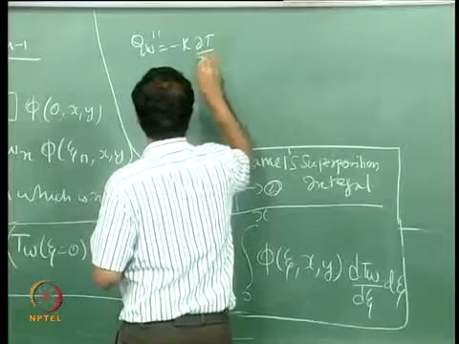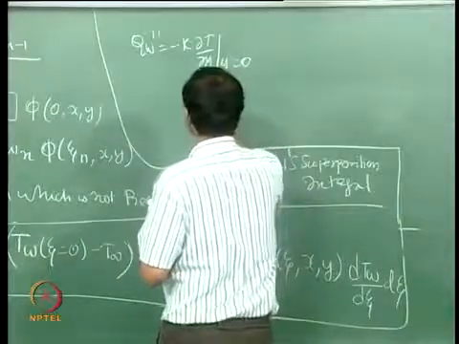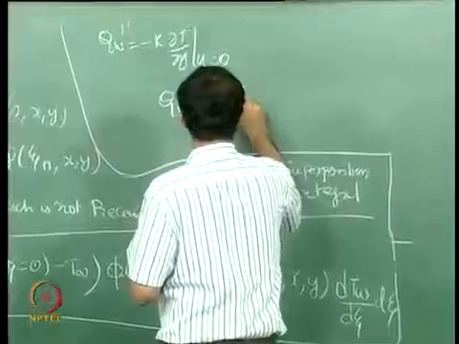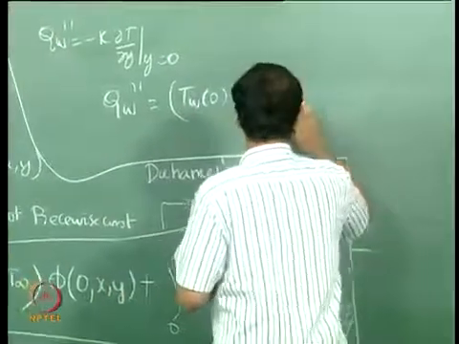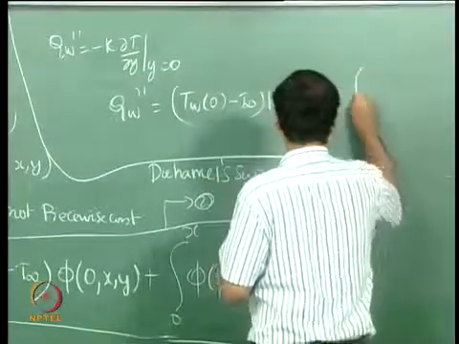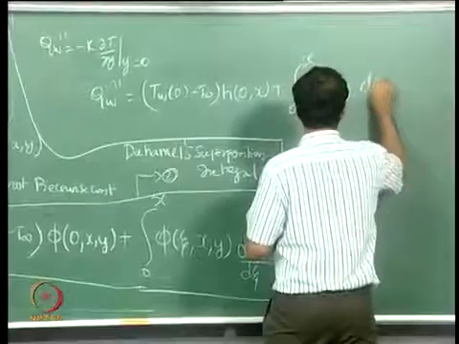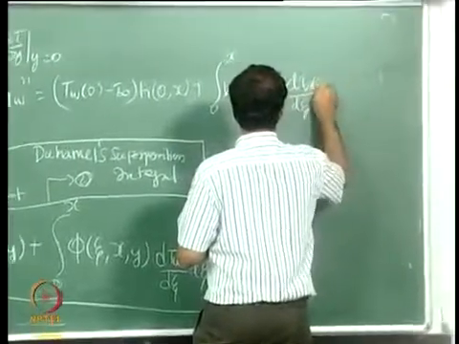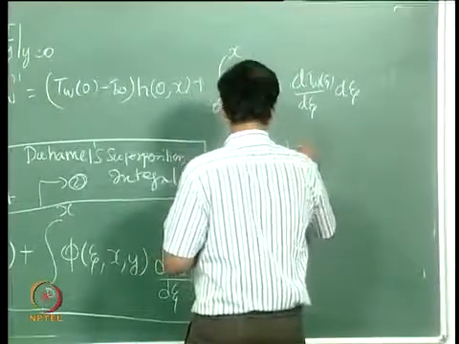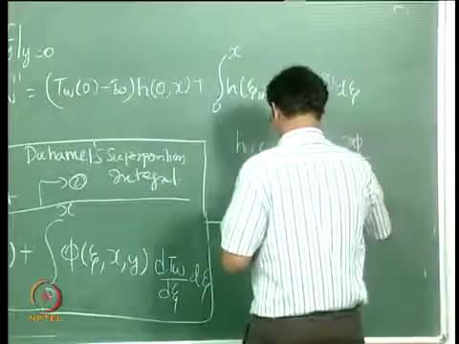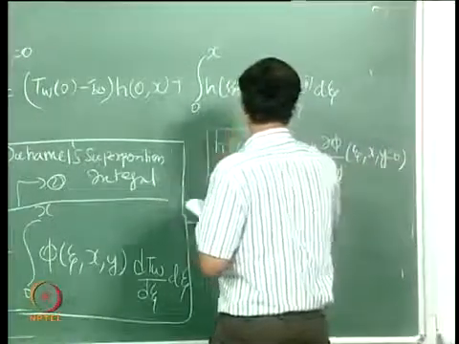the local wall flux can be estimated as, now this is a function of x of course, and that will be written as T wall 0 minus T infinity into h 0 comma x plus integral 0 to x h zeta x into dt wall by d zeta into d zeta, where your h of zeta comma x is nothing but minus k d phi by dy zeta x comma y equal to 0, right?